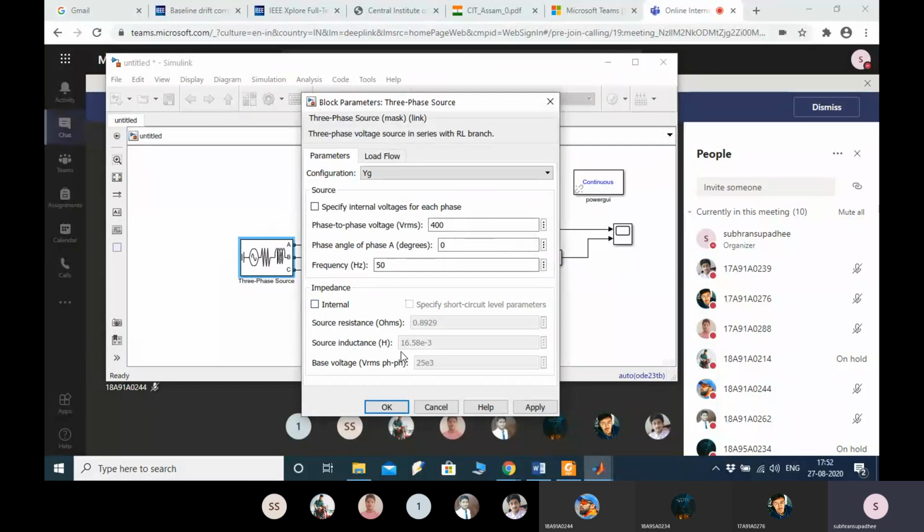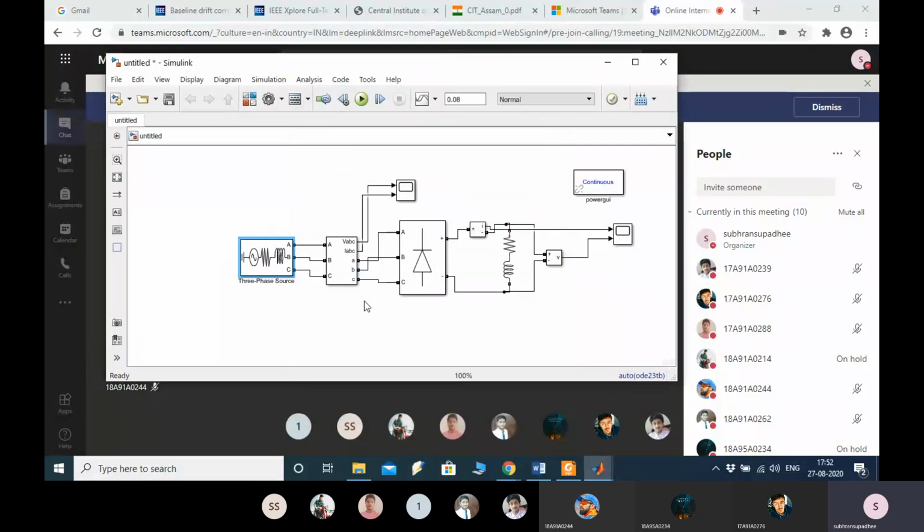Now I am having an internal resistance of 0.8929 ohm, a source inductance of 16 millihenry, and the base voltage is always 25 kV.